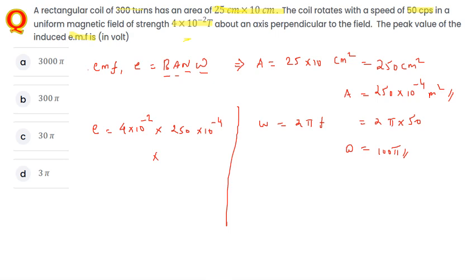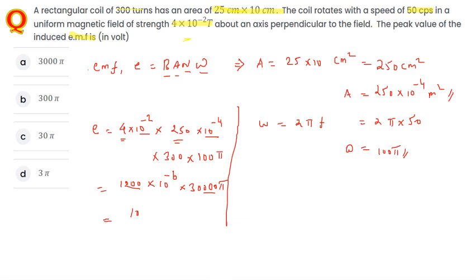Next, the number of turns is 300, and omega is 100π. Now simplify. This is 10 power 6, and 4 into 250 is 1000, into 10 power minus 6, and you have 30,000 and π. The 3 and 3 cancel.